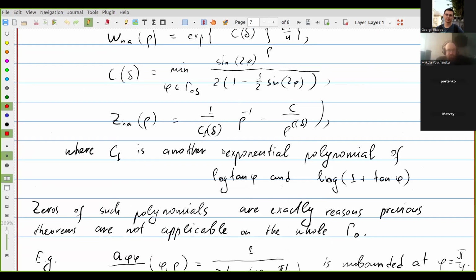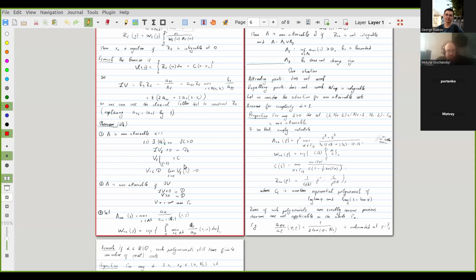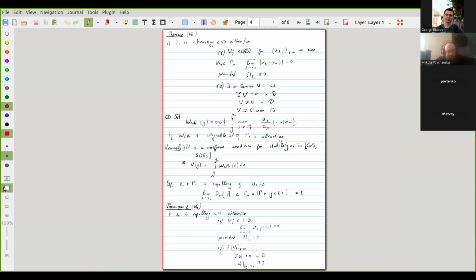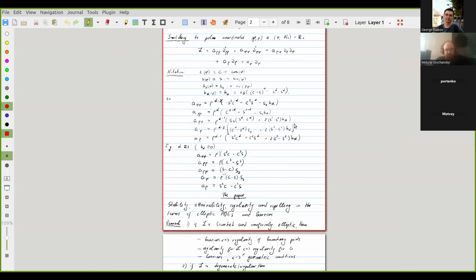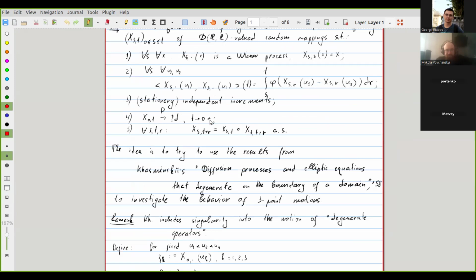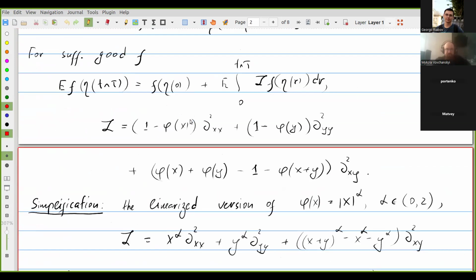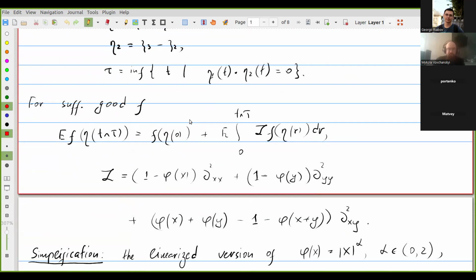Oh, I know what happens. I'm sorry. It just went to pages mode for some reason and therefore the pages disappeared. Oh, okay, now it's proper.